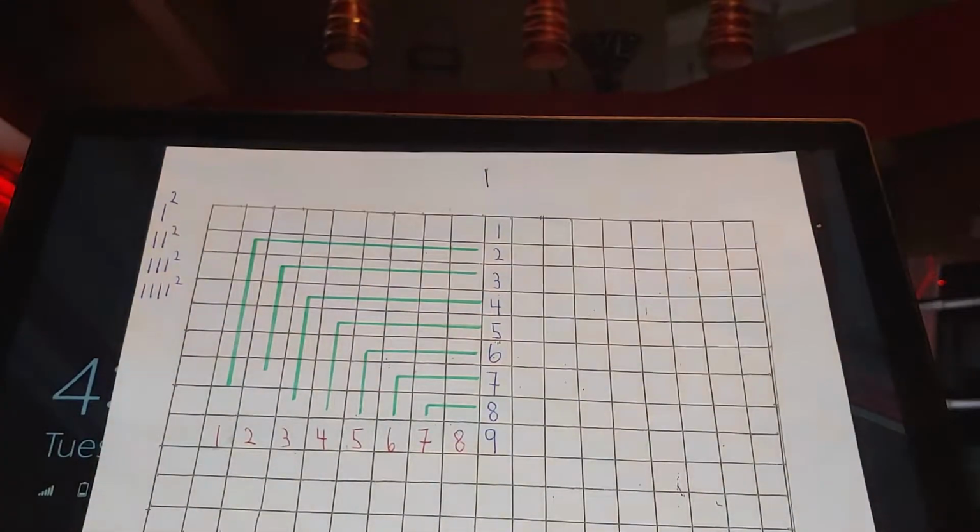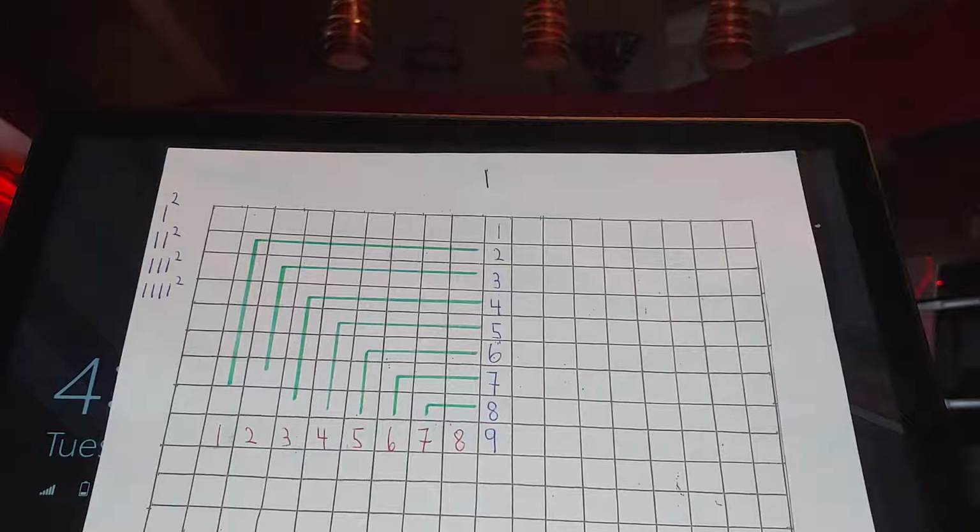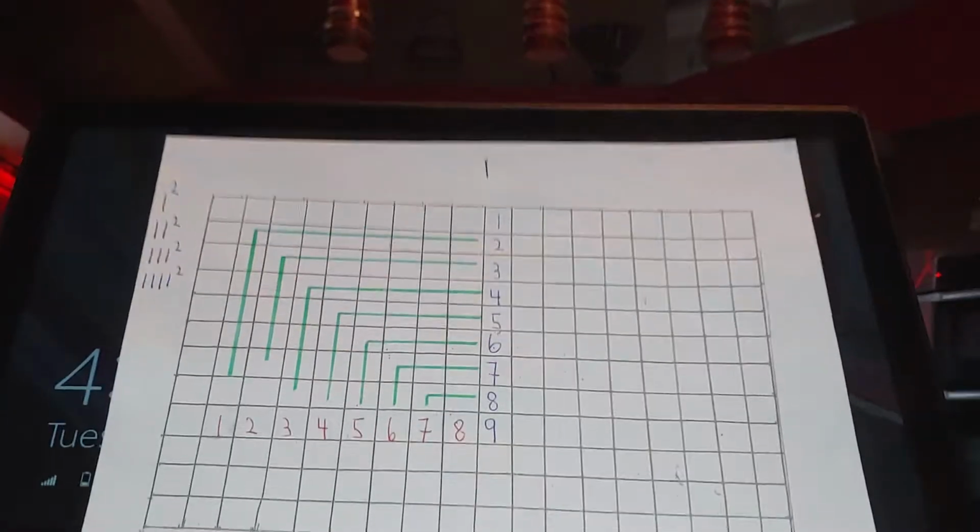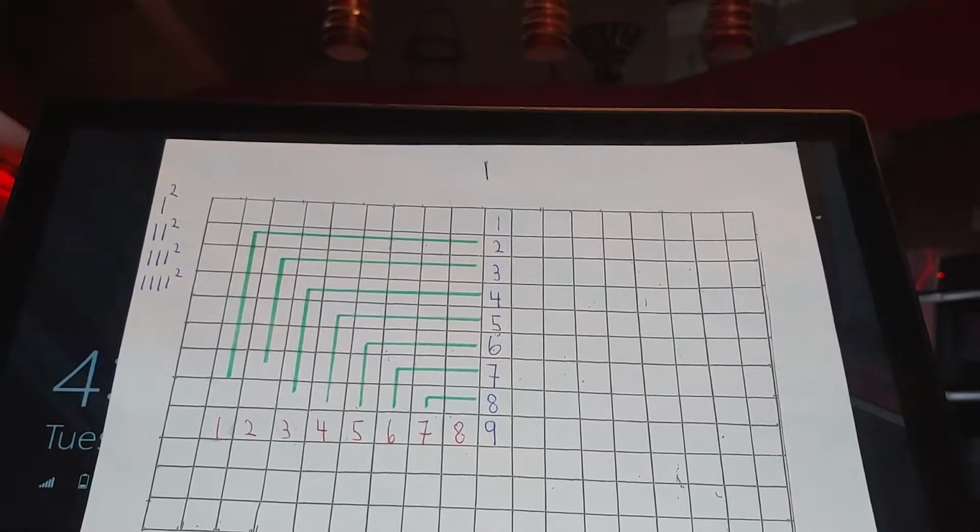I don't know how many ways there are, but I just see it this way. I wouldn't use this for 1, 2, 3, 4, 5, 6, 7, 8, 9, because I know how to count to 9 and backwards from 9. But it's going to follow the pattern, and that's the important thing.